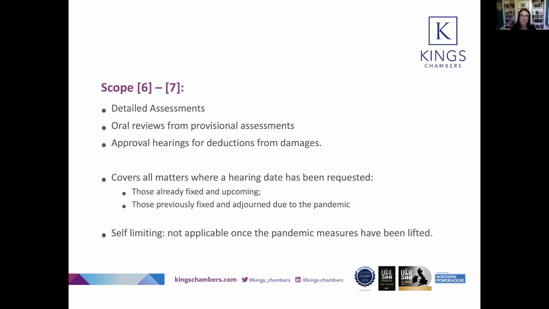It is anticipated that this category is likely to encompass the lion's share of cases. Thirdly, those hearings which have been listed but were adjourned in the first wave of response by the court. So, as you can see, it has a wide range of capability and effect.